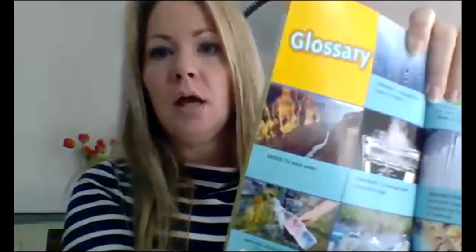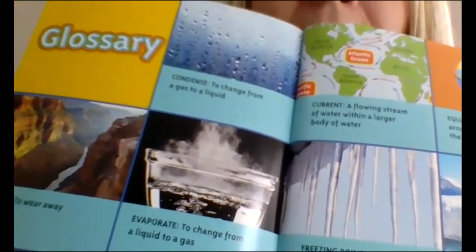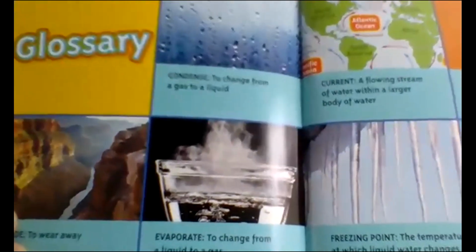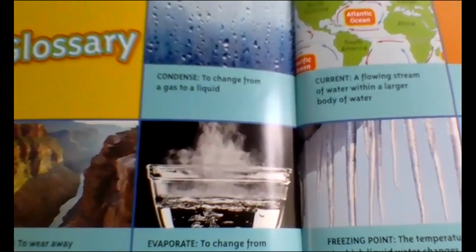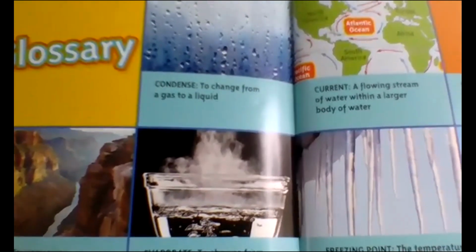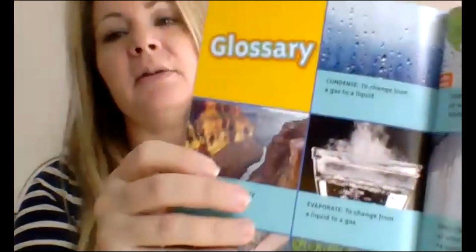The glossary is at the end of the book, and it will show you the words that were in the book that you probably might not be able to figure out what they mean using the pictures, illustrations, diagrams, looking around the words, or using context clues. And they don't have prefixes and suffixes in them. So they just tell you exactly what it means.